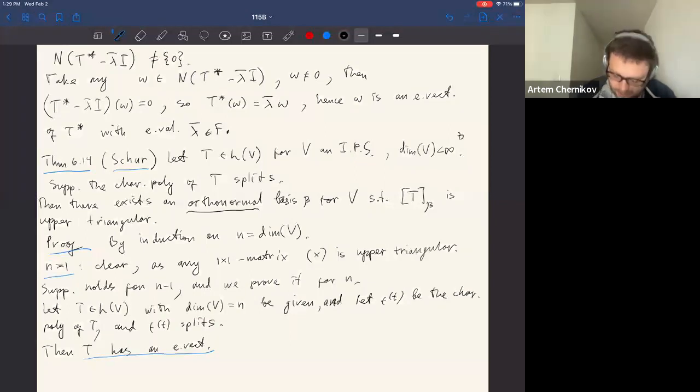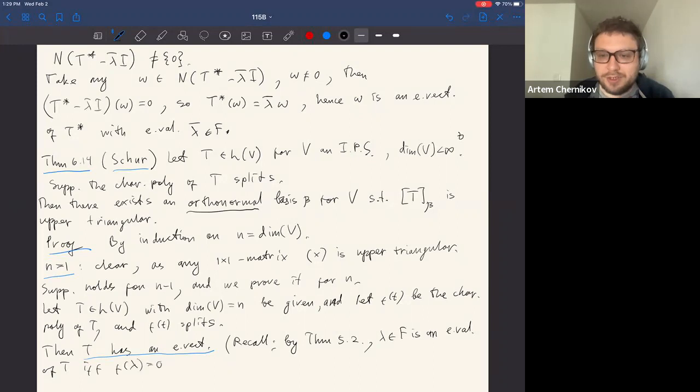Why? Recall by Theorem 5.2, a scalar lambda is an eigenvalue of T if and only if it is a root of the characteristic polynomial, so if and only if f of lambda is equal to 0.